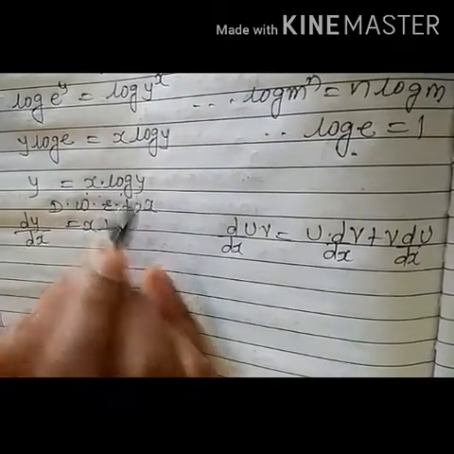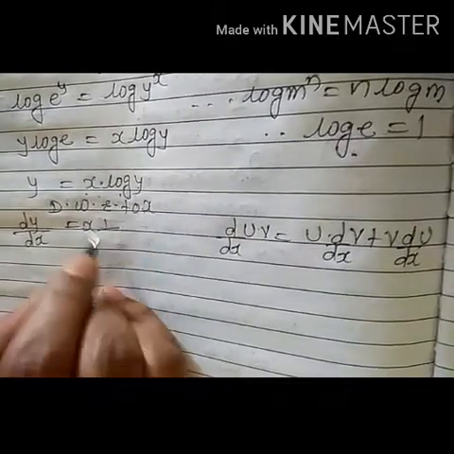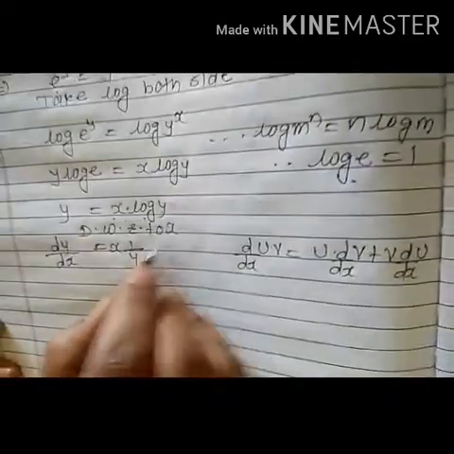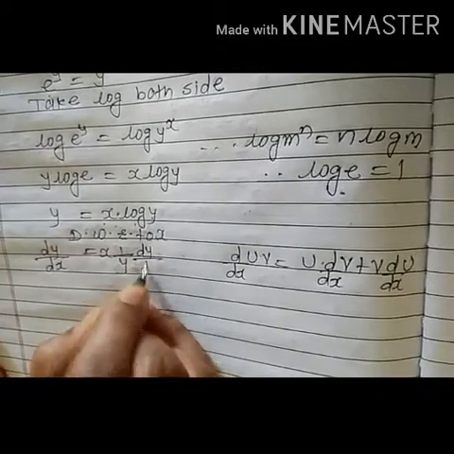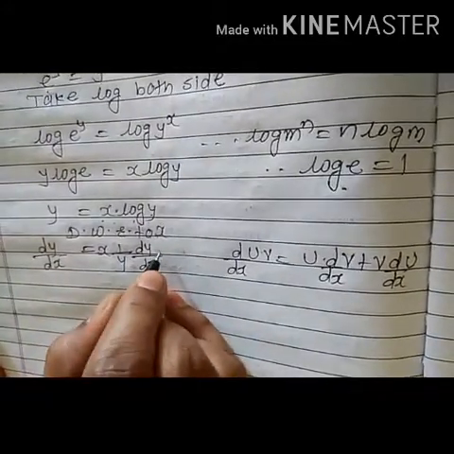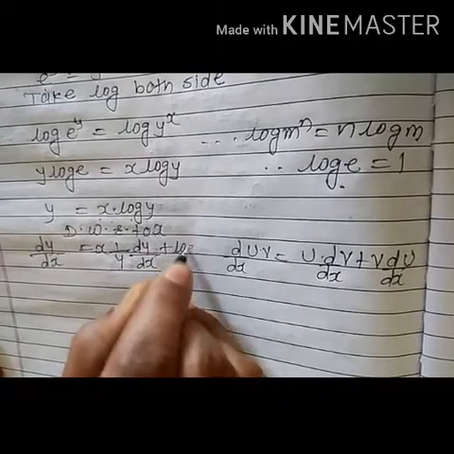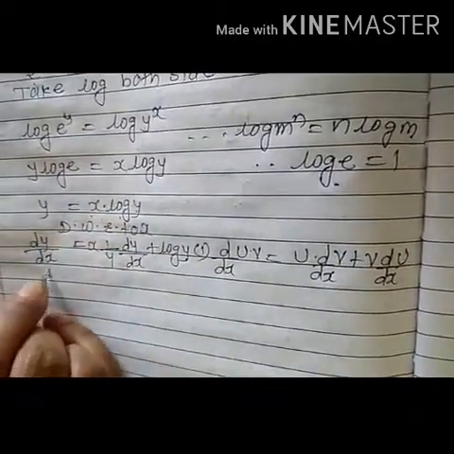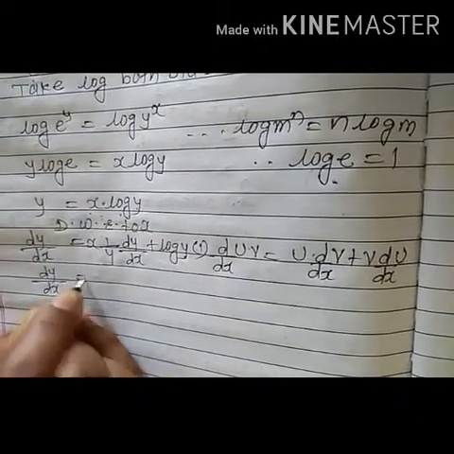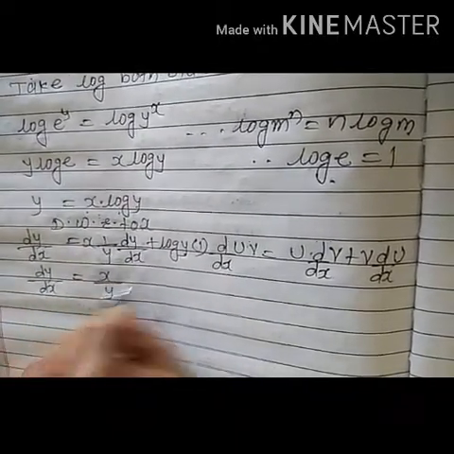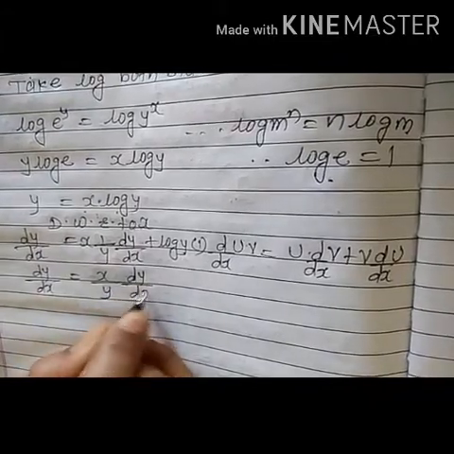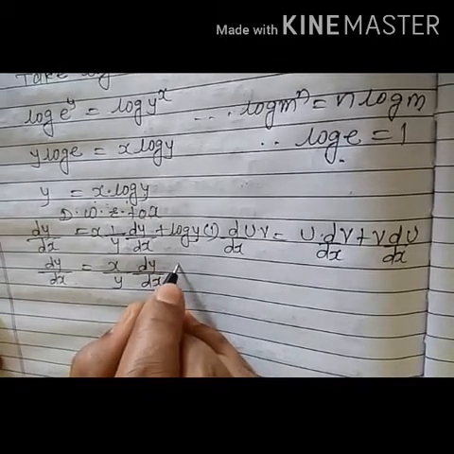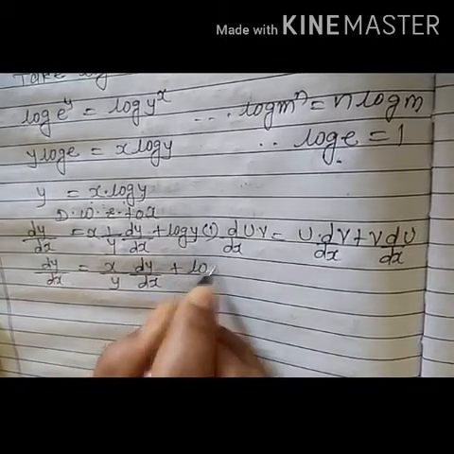Here y is a function and we differentiate with respect to x. That's why it is an implicit function. Log y gives 1 by y dy by dx. Plus log y as it is, x derivative 1. dy by dx equal to x divided by y dy by dx plus log y as it is.